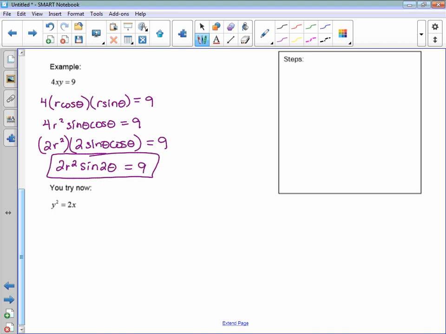y squared equals 2x. You guys try. Okay, let's do it. Solve for y?